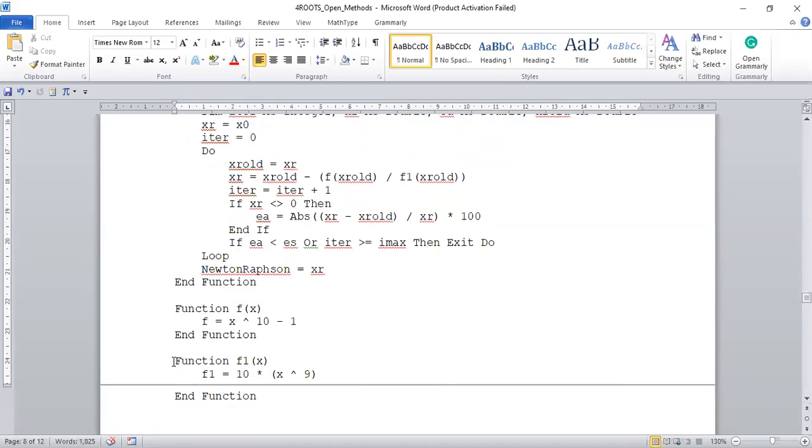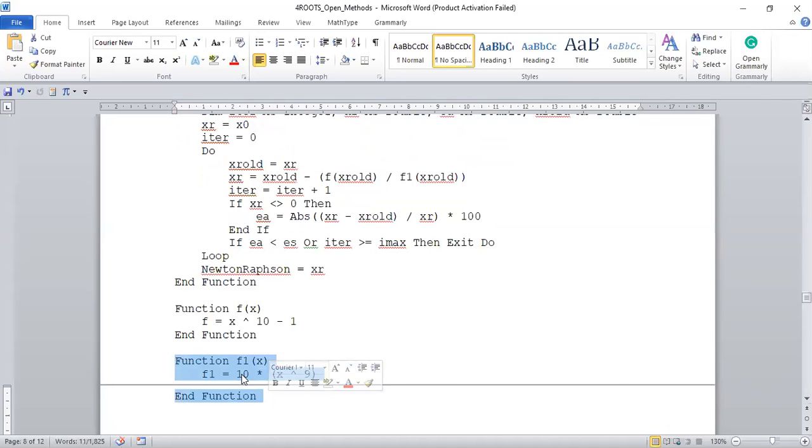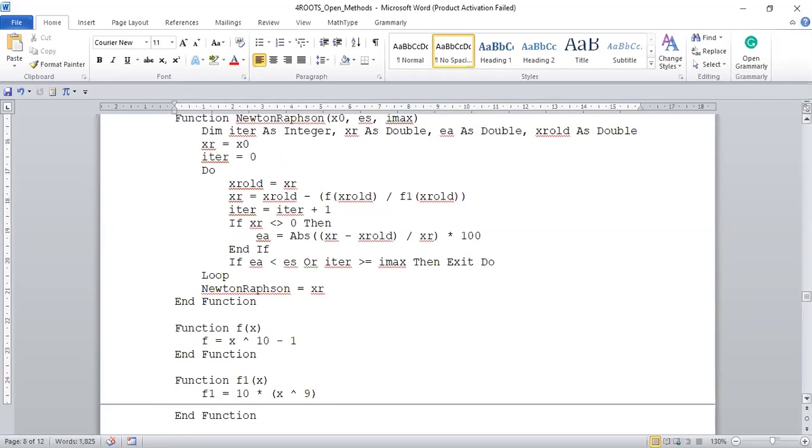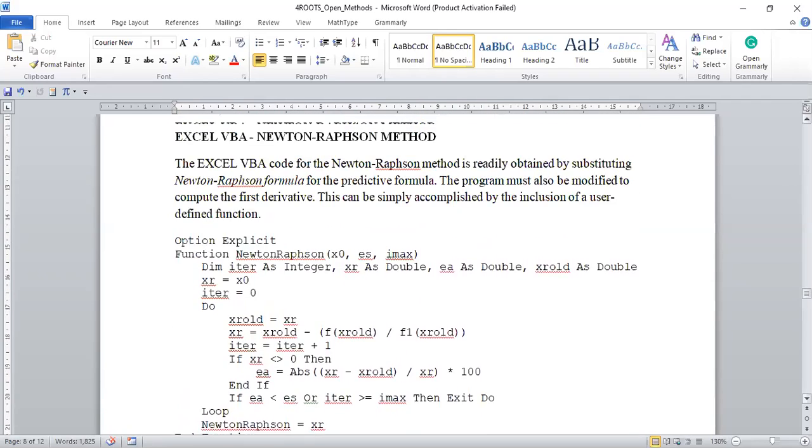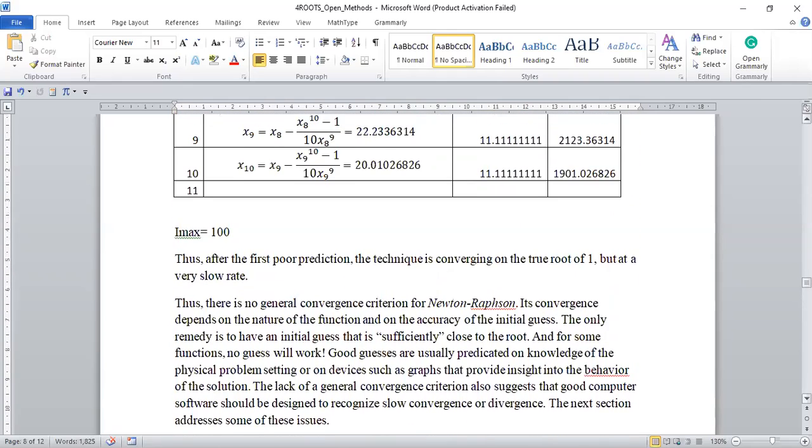But in this case, you have to do the derivative yourself, and you're going to write a function that specifies the derivative of f of x. And the reason I'm saying your question is very good is because of the highlighted reason that you've just stated.